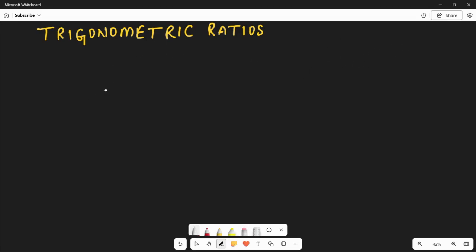Now, for example, you take the right angle triangle PQR, and I have considered R as my angle. So with respect to this angle, of course, this is the hypotenuse of the triangle. Now, with respect to angle R, this becomes the perpendicular and QR becomes the base. So now what are the possible ratios which we can take by considering these three sides, that are hypotenuse, perpendicular and base?